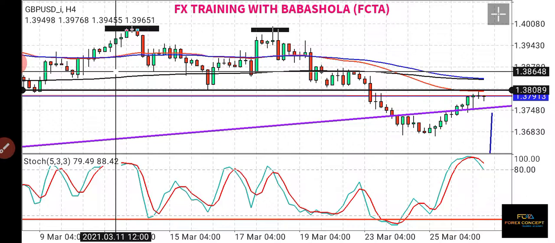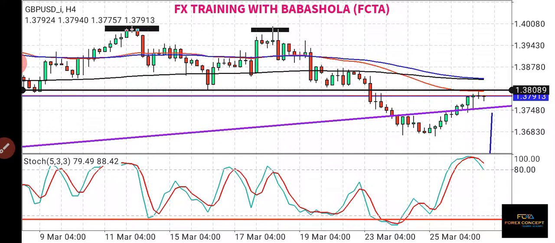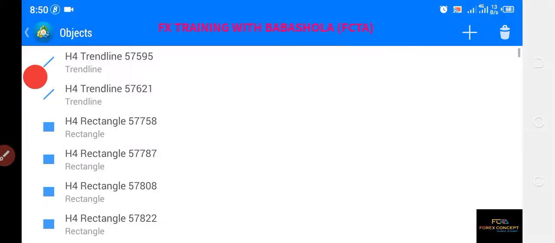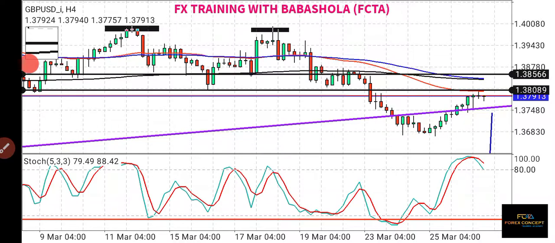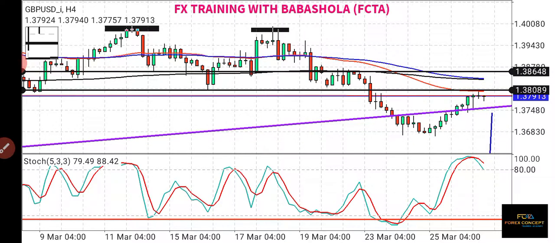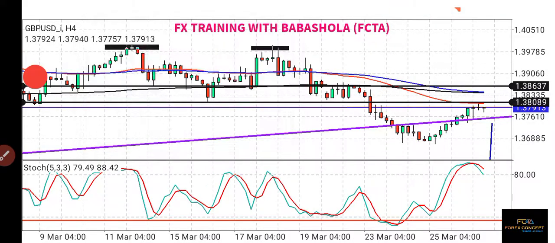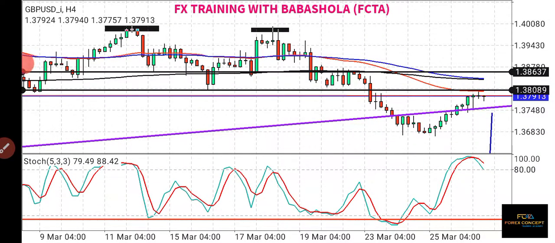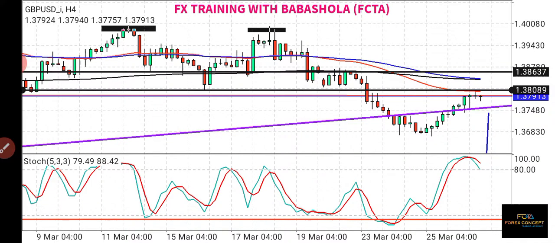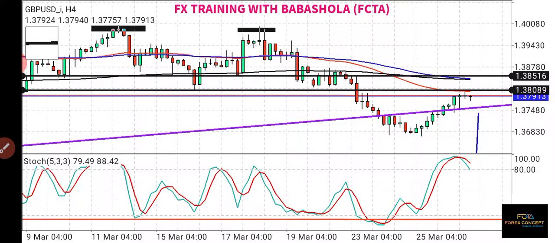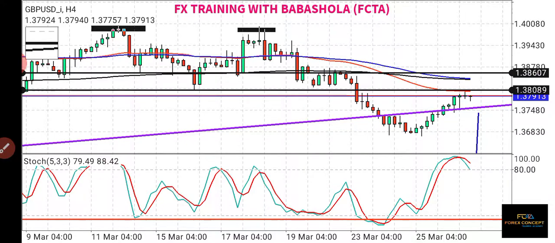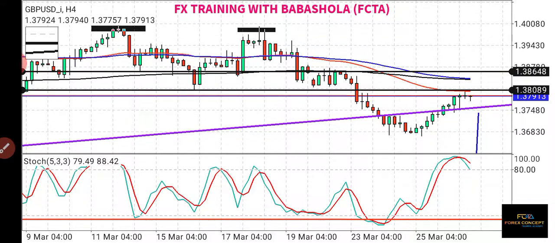Yes, around this region, 1.38648. So where will our TP be?